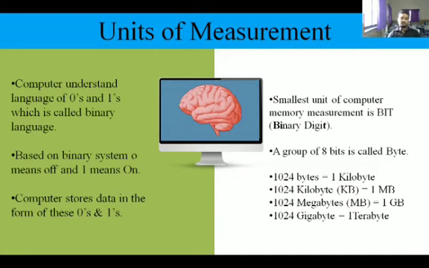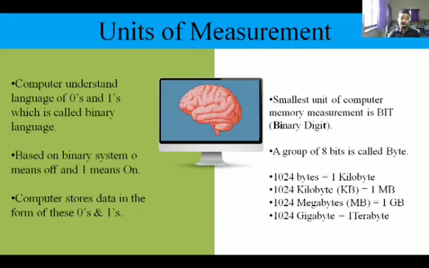Bit is the smallest unit. How is this word bit formed, do you know? Binary digit, bi from binary and t from digit. Together they form bit. Bit is the smallest unit of memory measurement.